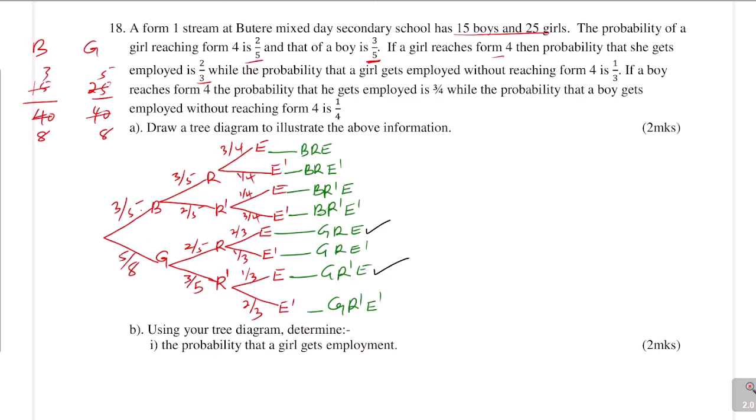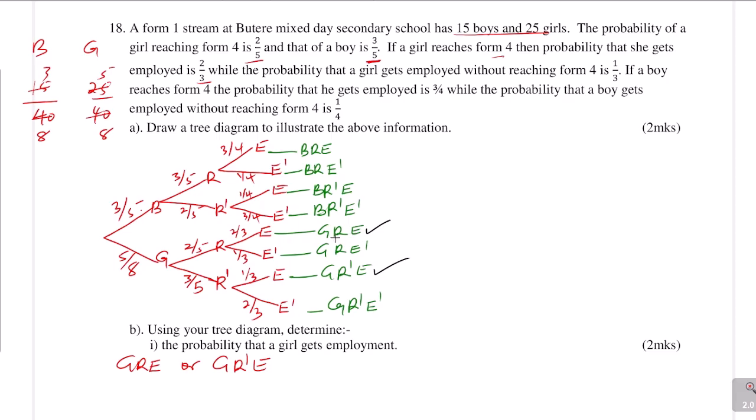So we are taking either G R E, or the other one, G R prime E. You know that when you have "or" in probability, that means we add the two.